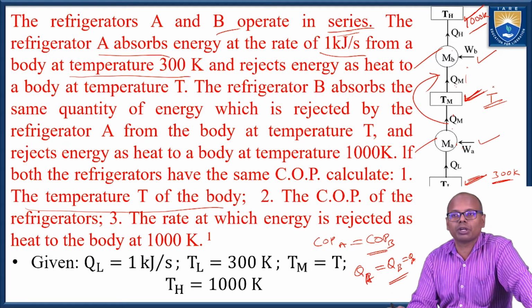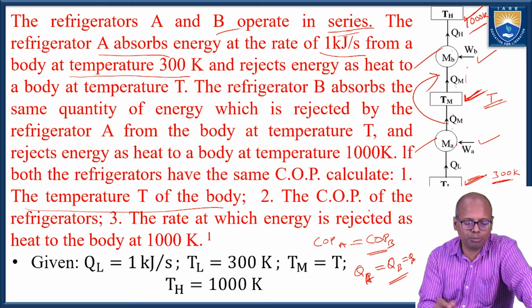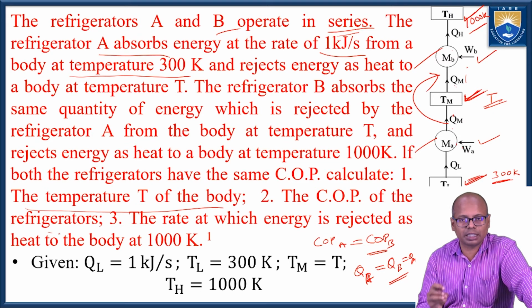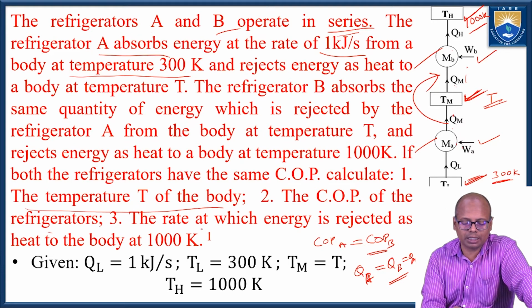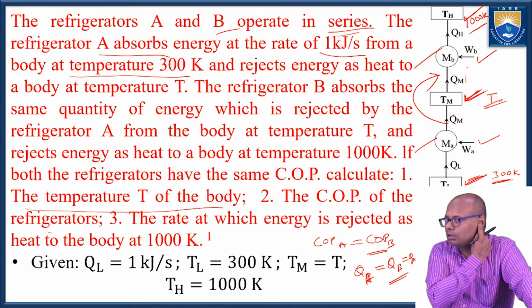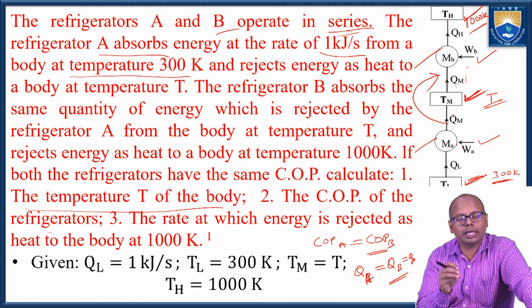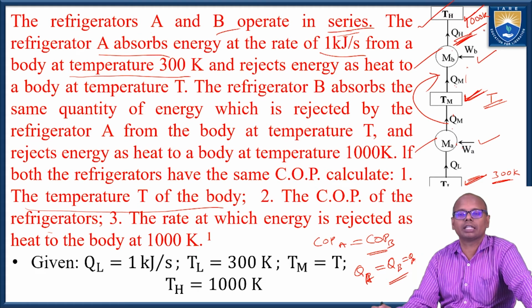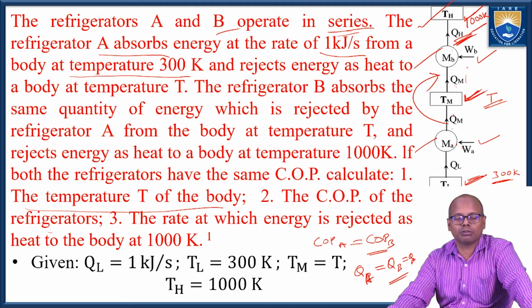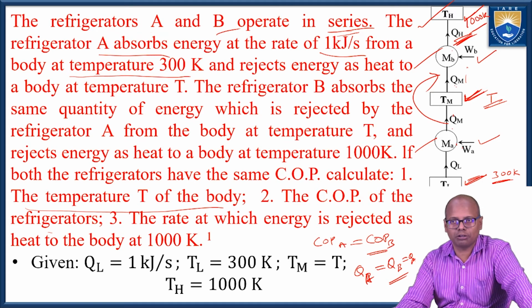This temperature we have to find out, and we have designated it as T. Both refrigerators have the same COP, and that COP I have to find out. Now what is the rate at which energy is rejected as heat to the body at 1000 degrees? That amount of heat I have to find out. So these are the three things I have to find out.